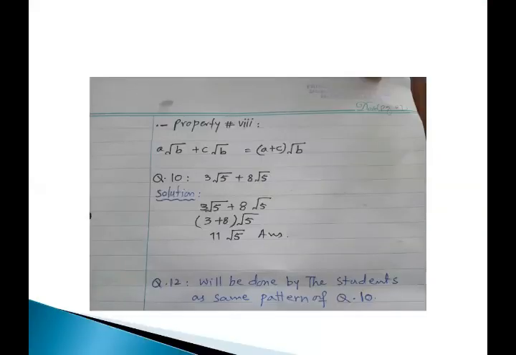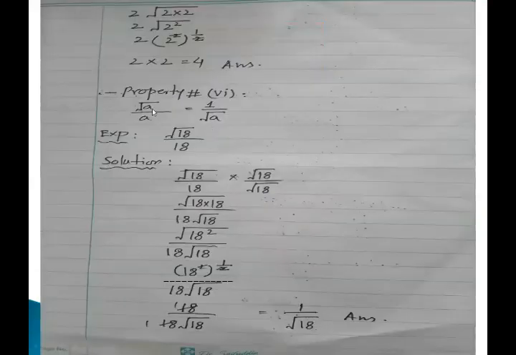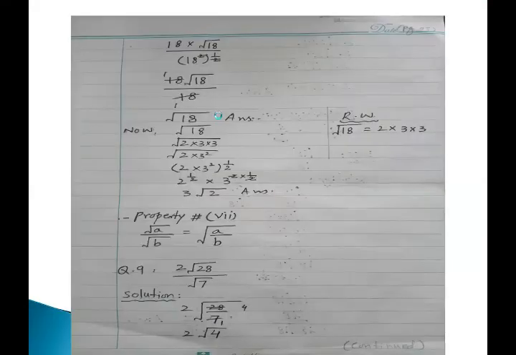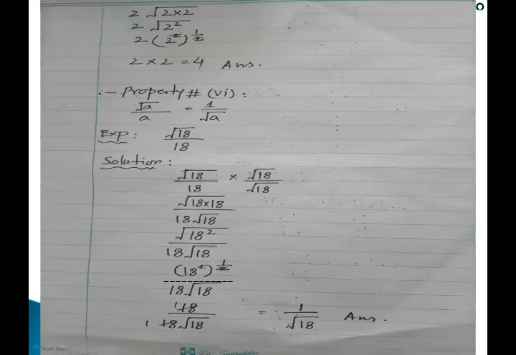Okay, moving forward with property number 6, which was under root a divided by a equals 1 over under root a. I told you property number 7 first, and now I am telling you property number 6, which I missed. This is the example I have framed for you: under root 18 divided by 18. We will have to convert it into this form. How can we convert it? We will multiply it with under root 18 divided by under root 18.